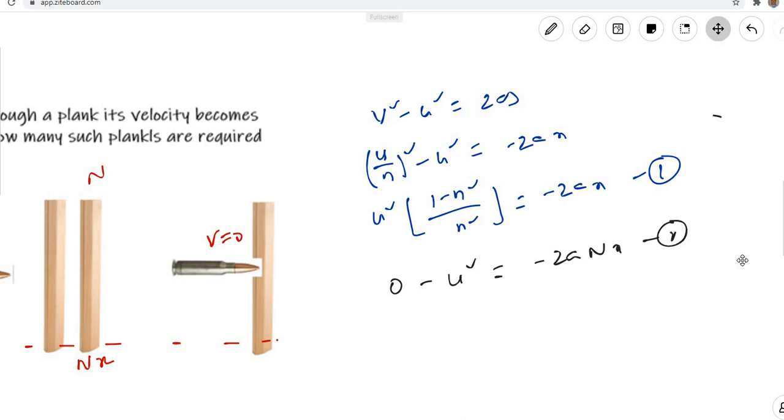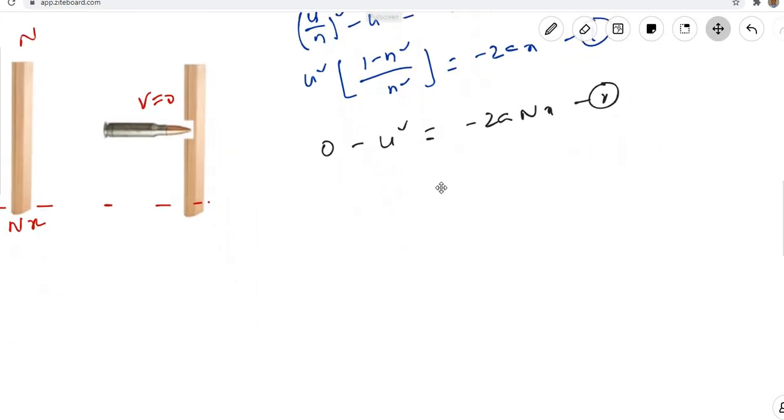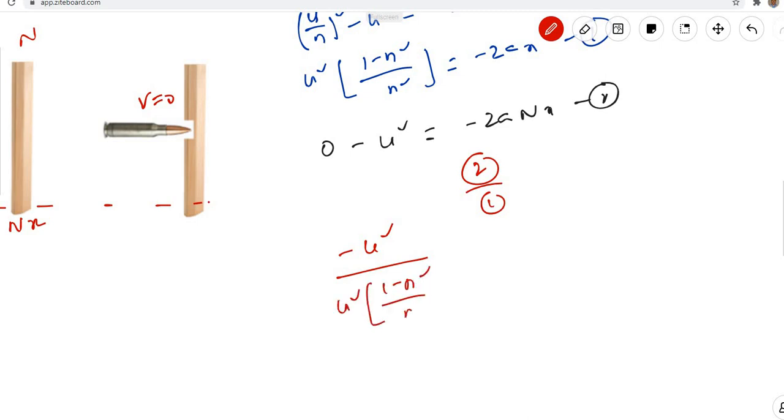So the same procedure, divide 2 upon 1. Then divide 2 upon 1, what happens? So second equation is minus u square, first equation is u square into 1 minus n square by n square, is equal to minus 2a nx by minus 2ax.